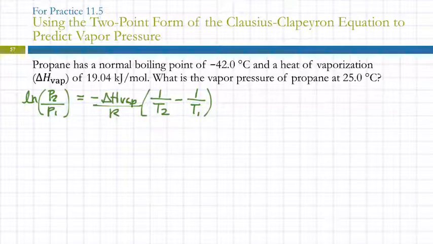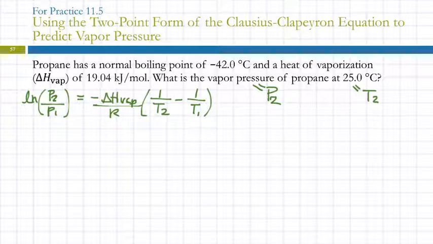You can choose which is number 2 and which is number 1. I like to think ahead and decide which one would be easier to solve for. So we're looking for a pressure. Will it be easier to solve for P2 or P1? P2 is in the numerator, so that's going to be easier. So we're going to call the vapor pressure at 25 degrees P2. That's what we're looking for, and that means that this temperature is T2.